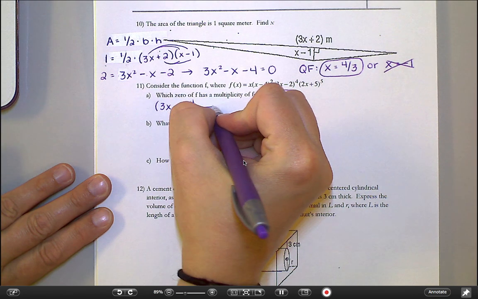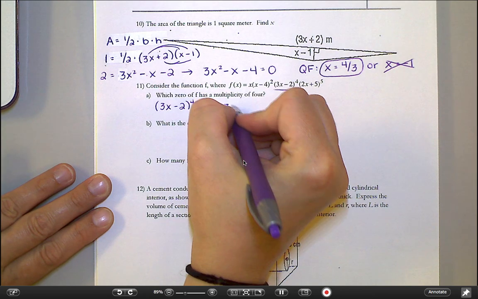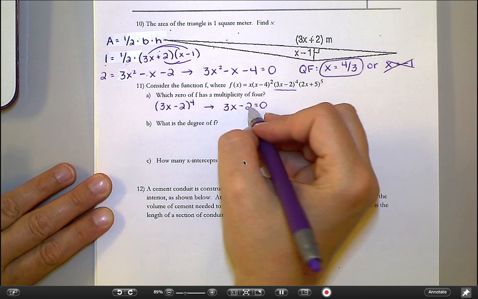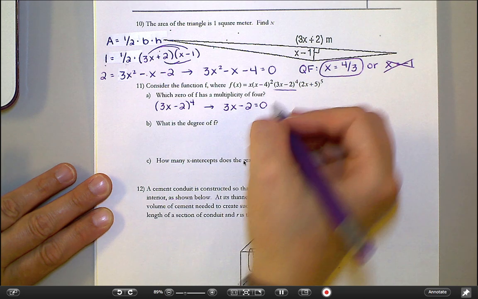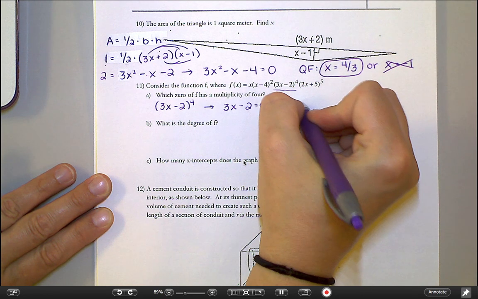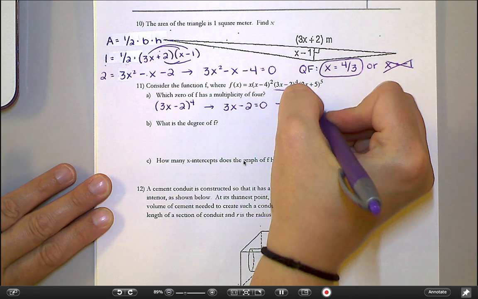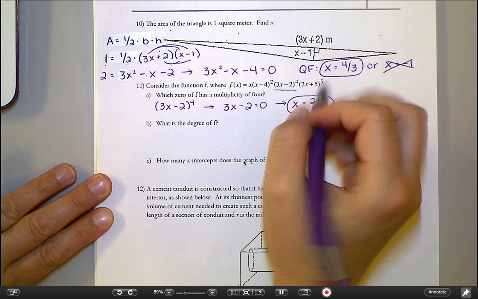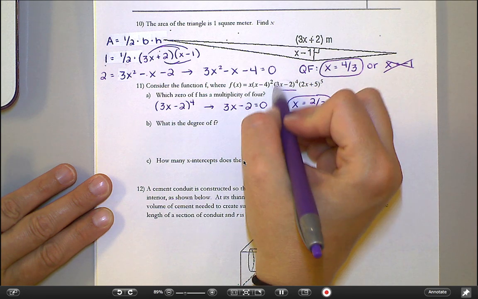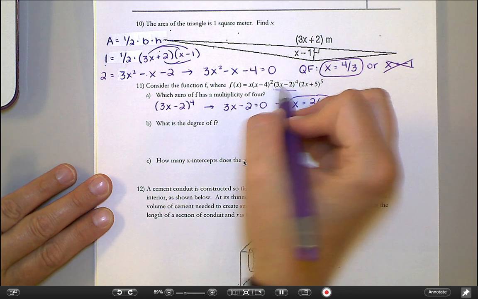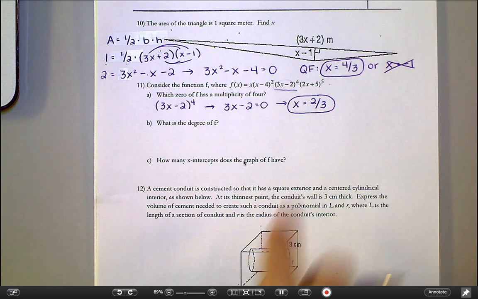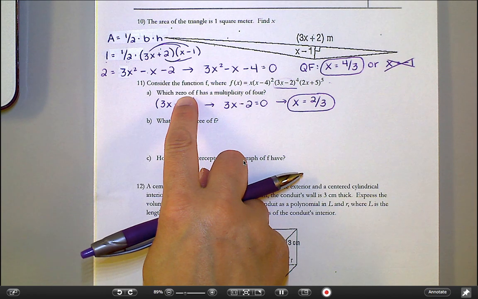So to get the 0, I'm going to say 3x minus 2 equals 0. And then I'm going to add 2, divide by 3, and I end up with x equals positive 2/3. So what that means is if I plug in 2/3 for x, that's going to make this thing equal 0, right? And if this thing equals 0, then it wipes out everything.